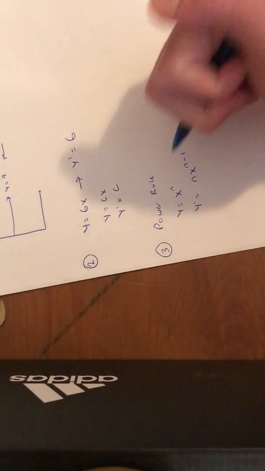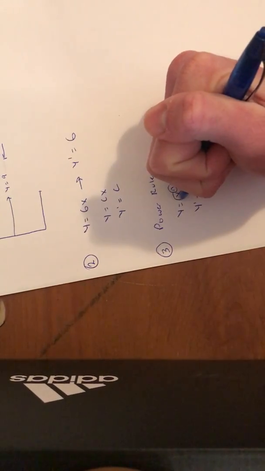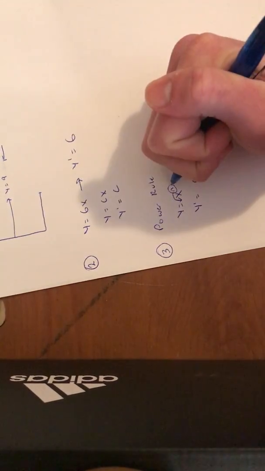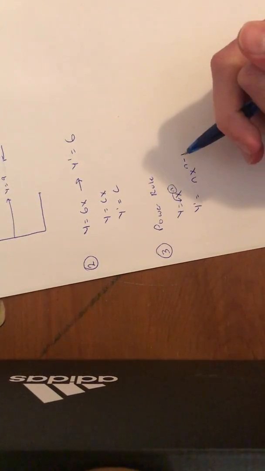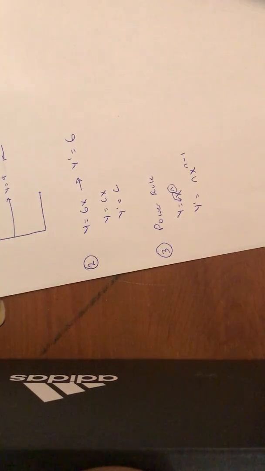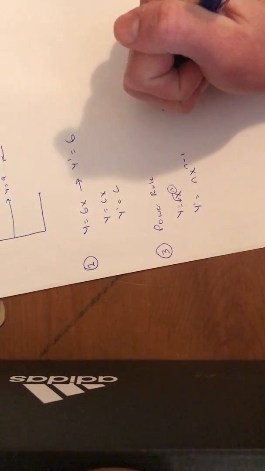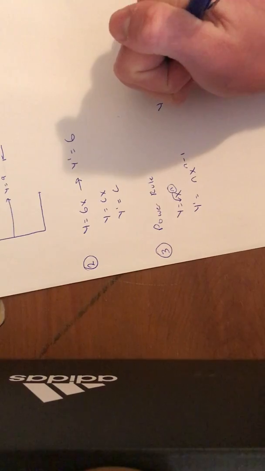So what you're going to do here is bring the n out in front and then subtract 1 from the exponent. So bring your n down in front and subtract 1 from the exponent. That's the power rule.